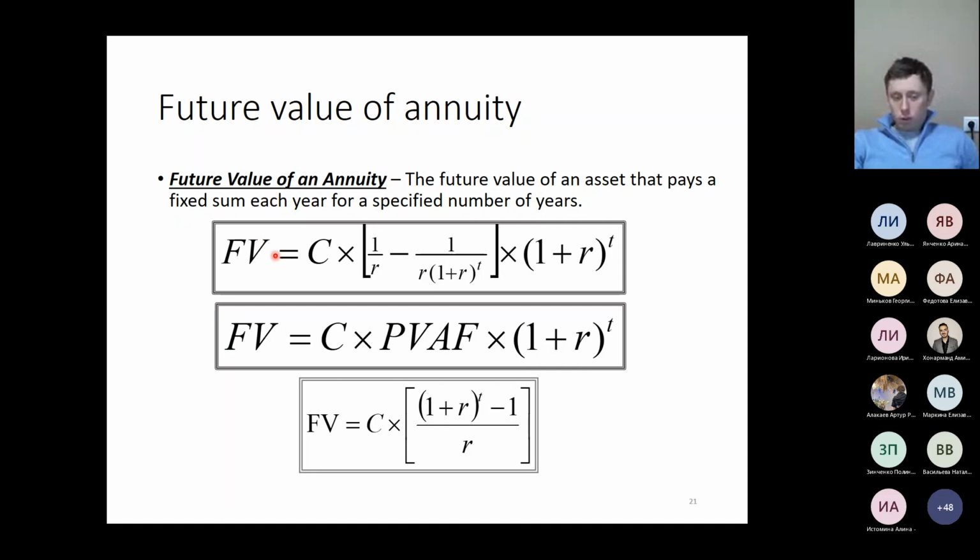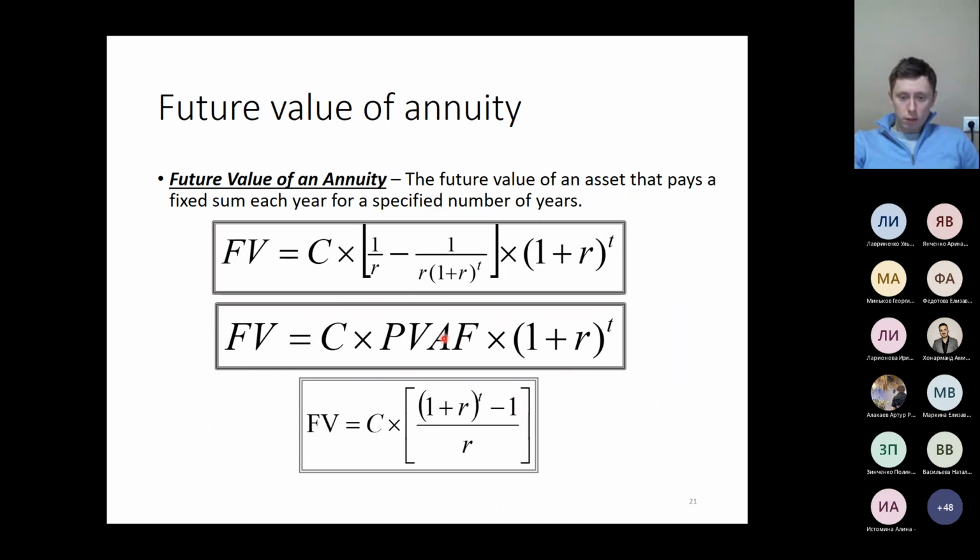Future value of annuity would be this cash flow, the monthly payment, multiplied by the present value of annuity factor. And we also should apply compounding here, to multiply by 1 plus r to the power of t, where t stands for the number of periods.